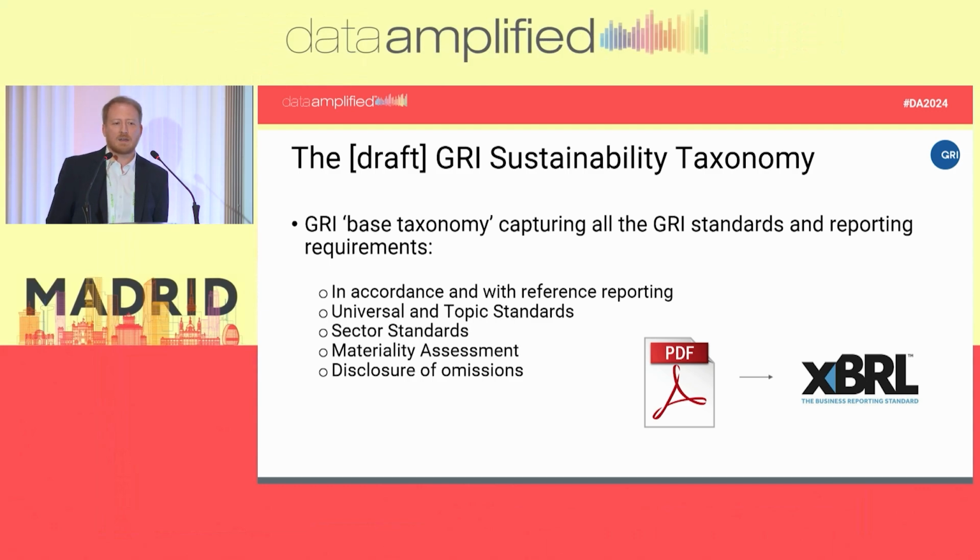And we have to think about omissions, because disclosure of omissions, what you're not reporting in your sustainability report, is a really important part of the GRI standards. It means companies taking accountability for what they are not reporting and in some cases are unable to report. These were all things we had to think about in developing the taxonomy, and there were questions posed to the community during our public consultation about how we were doing that.